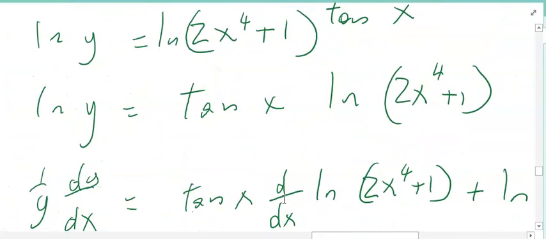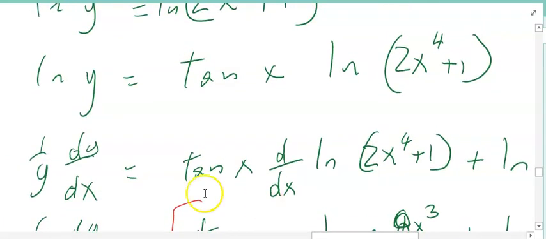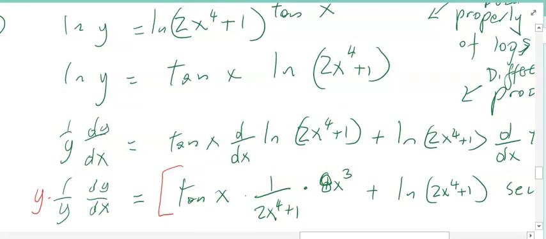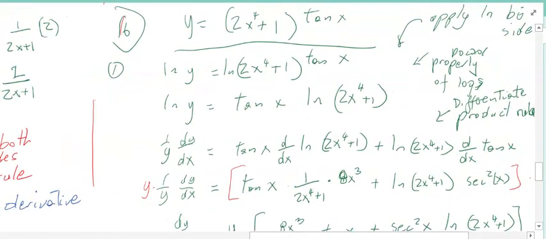Then we can take derivatives. So 1 over y dy dx is equal to tan of x times d dx of ln of 2x to the 4th plus 1, plus, using the product rule, ln of 2x to the 4th plus 1 times d dx of tan of x. And then we multiply both sides by y.